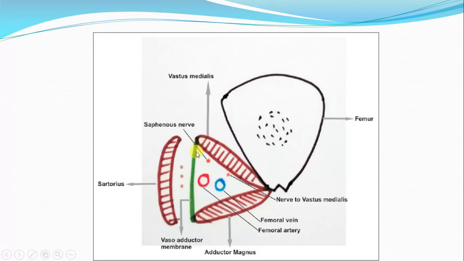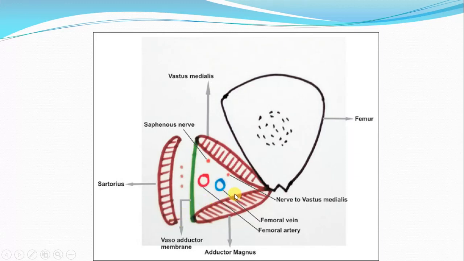And laterally or anterolaterally, here is the fascia, which is the vasoadductor membrane, a fascia extending from the vastus medialis to the adductor magnus. Outside this membrane is the sartorius muscle.